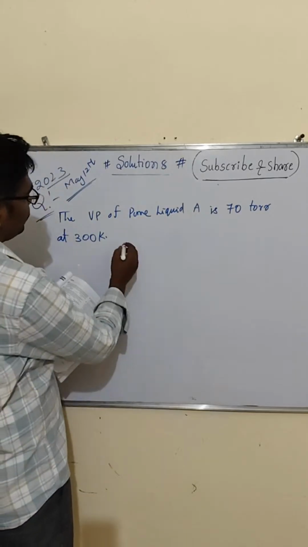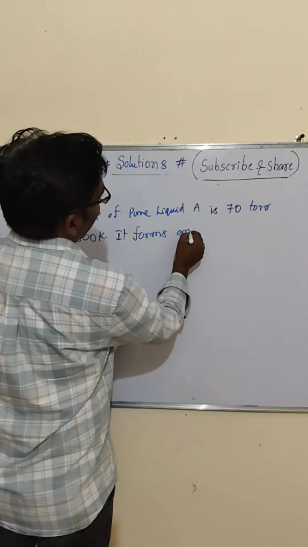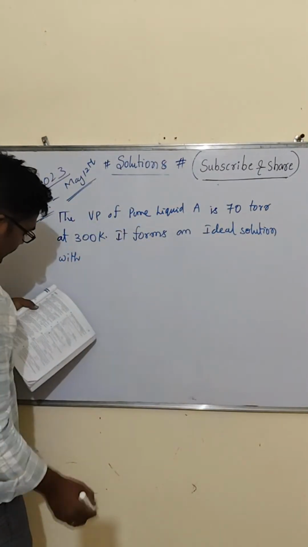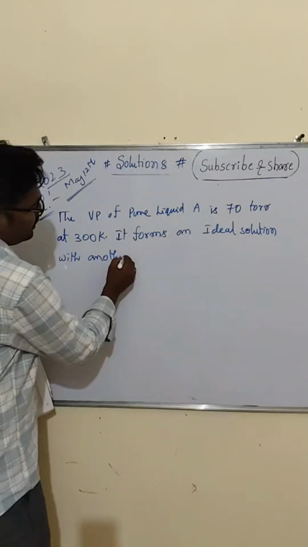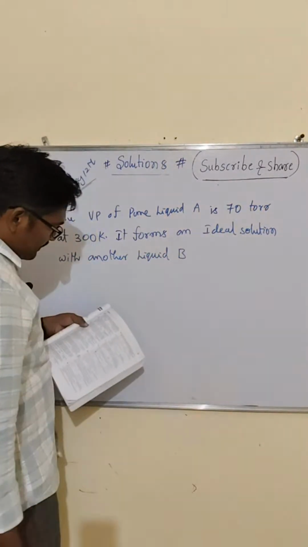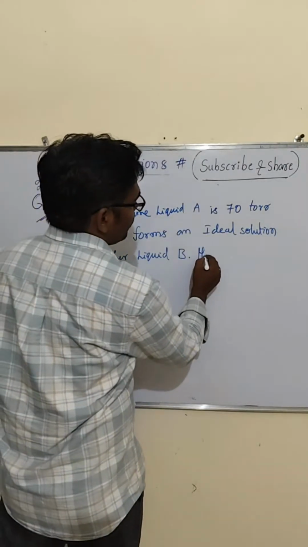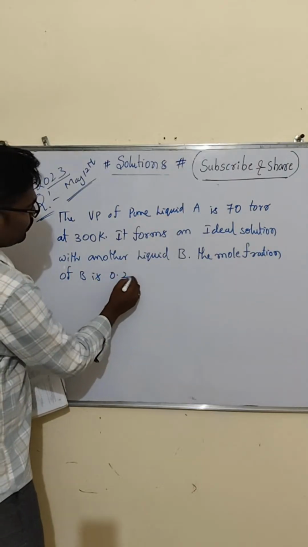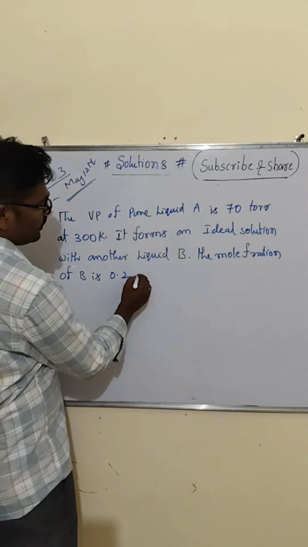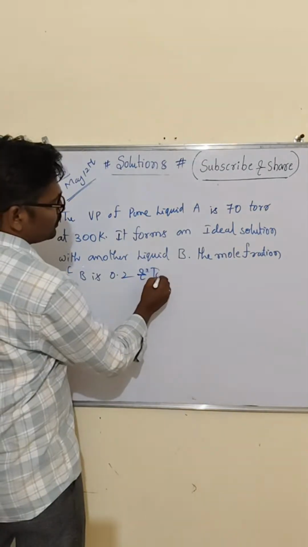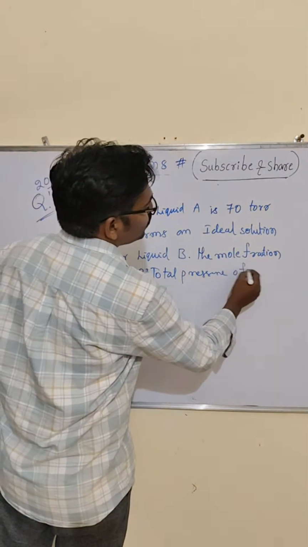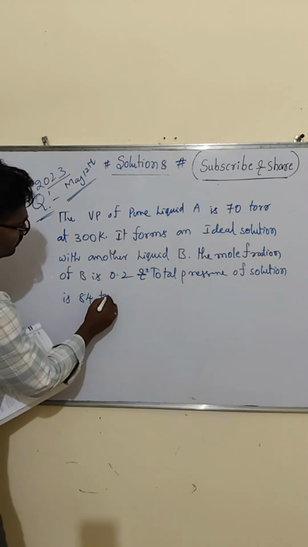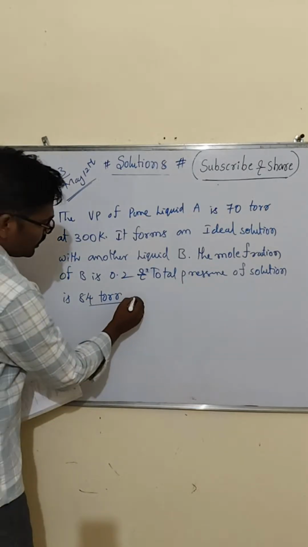It forms an ideal solution with another liquid B, the mole fraction of B is 0.2, and the total pressure of the solution is 84 torr at the same temperature.